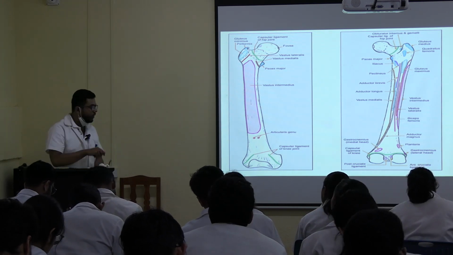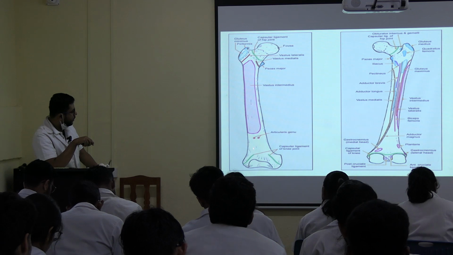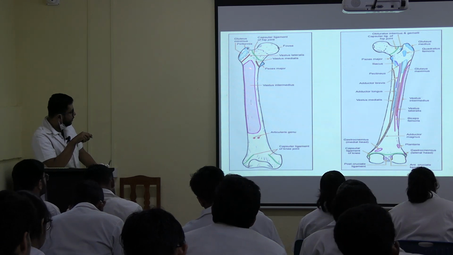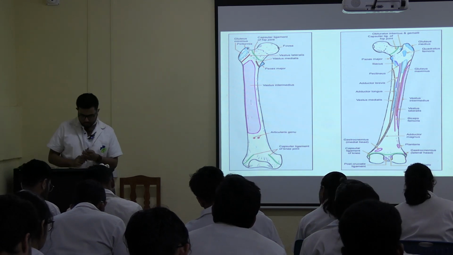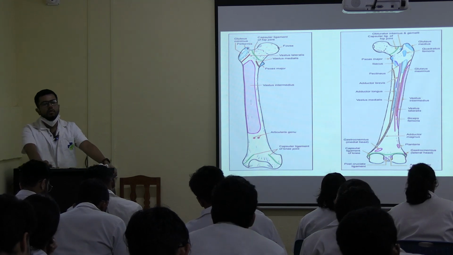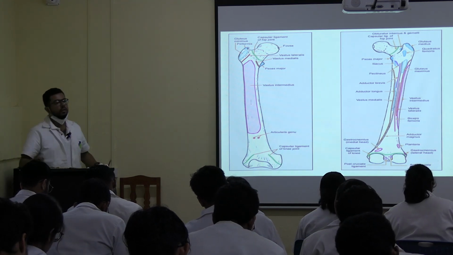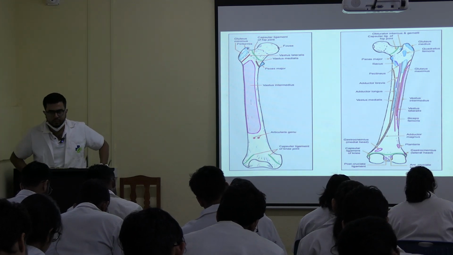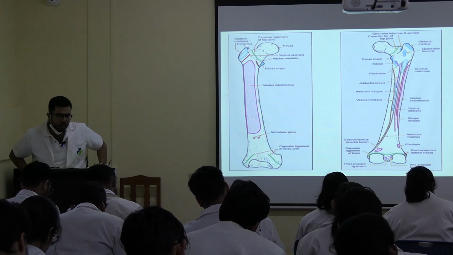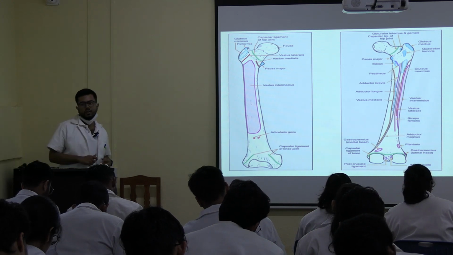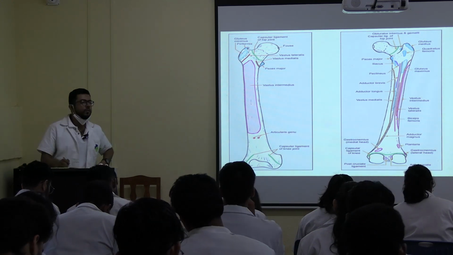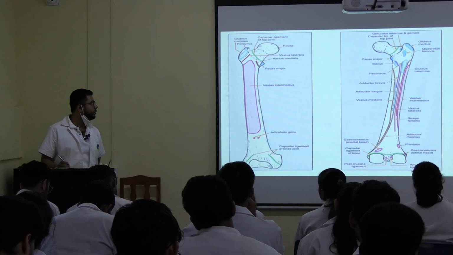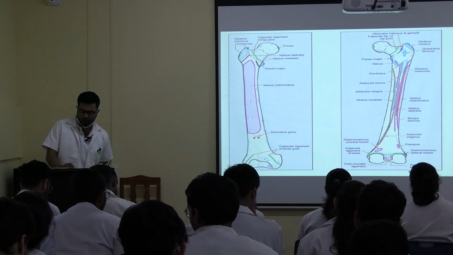If you divide the shaft in 4 parts, this is the upper 3/4. So vastus intermedius is attached on the upper 3/4 of the shaft in anterolateral aspect, anterolateral surface.